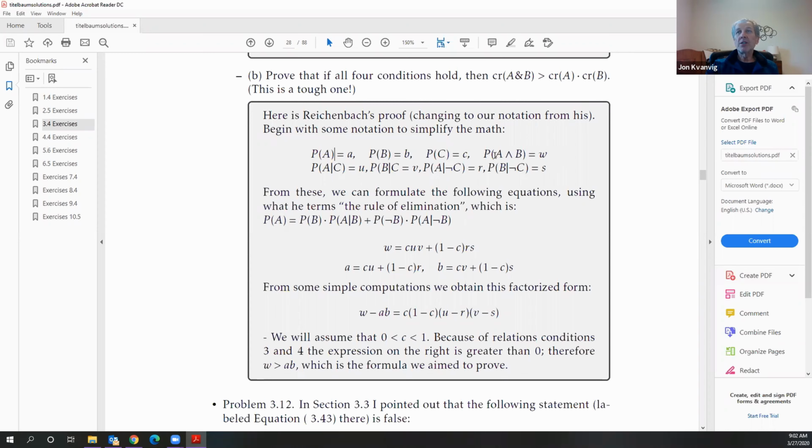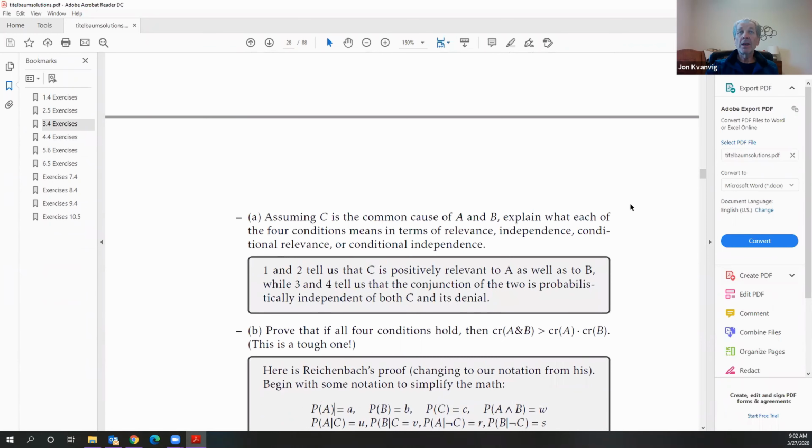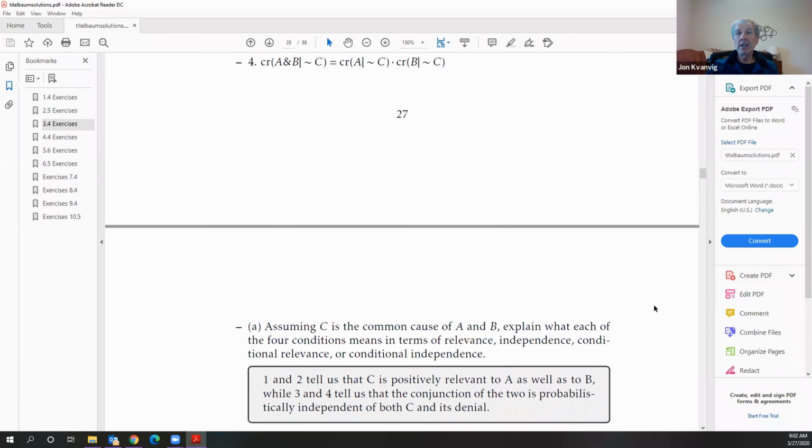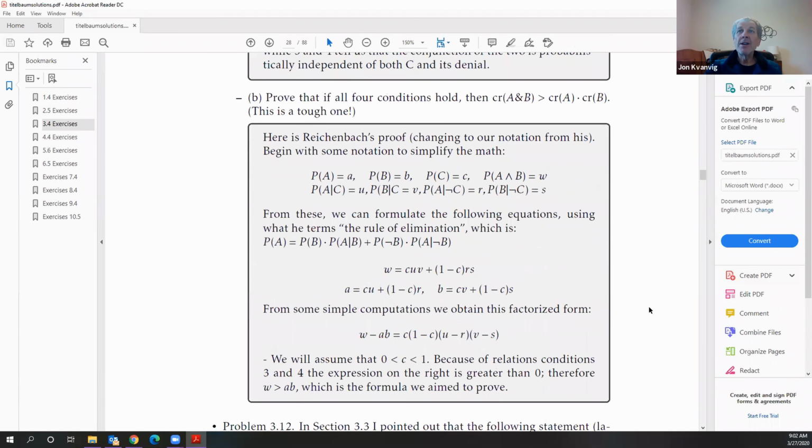Then he uses W for the conjunction of A and B. He uses U for A given C. He uses V for B given C, R for A given not C, and S for B given not C. Now, notice that's all of the probabilities relevant to the 4 conditions in the causal fork that we're talking about.